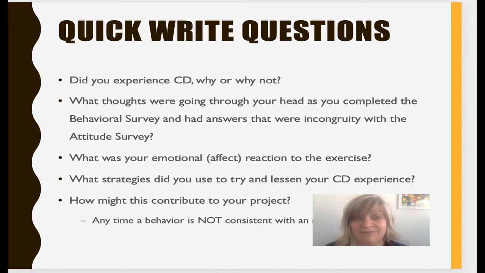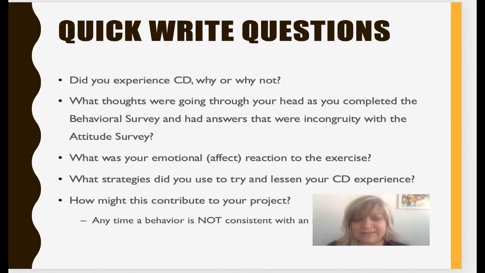When you think back to those 5 questions, right, about texting, legislation, drinking soft drinks, poverty, and smoking, did you experience any cognitive dissonance? Right? So do you have a certain attitude about it, but then your behaviors maybe aren't consistent with that attitude? What thoughts were going through your head as you completed the behavior survey, one answer at a time, if you ended up finding that any of your answers were in fact incongruent with your attitudes?